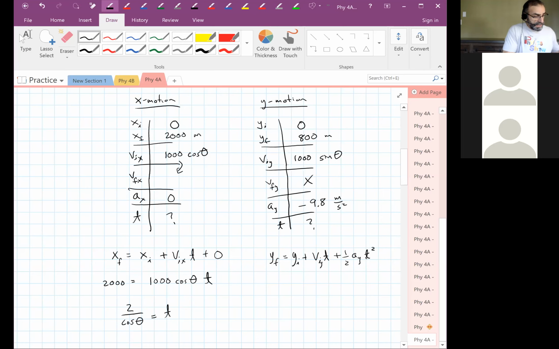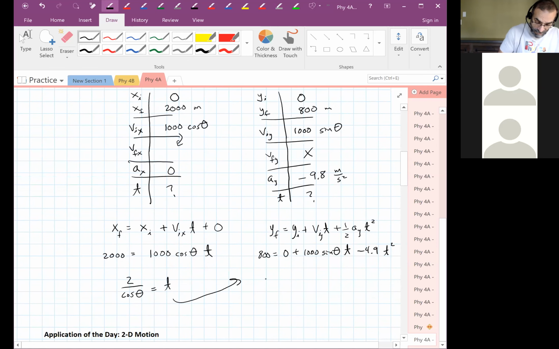I've got 800 is 0 plus 1000 sine theta t minus 4.9 t squared. And if I plug my t in over there, I get this crazy equation.